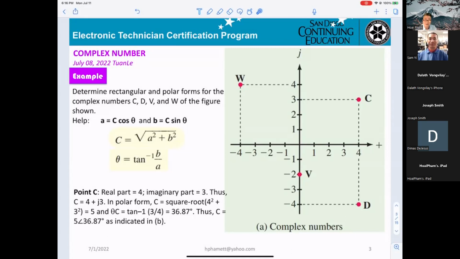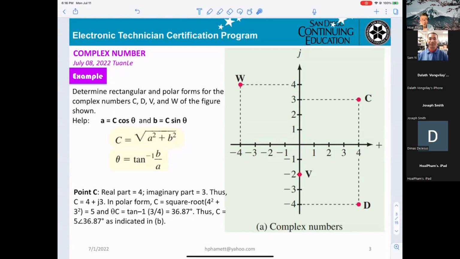Okay, I asked you the imaginary part of W. So it's -4 minus 4J.